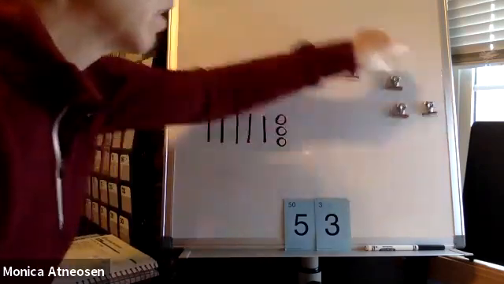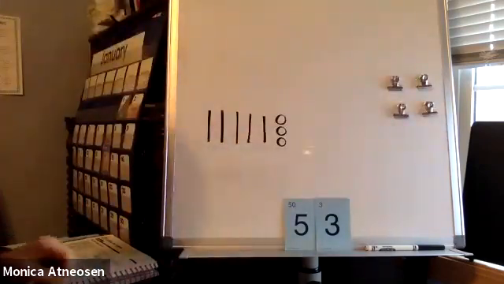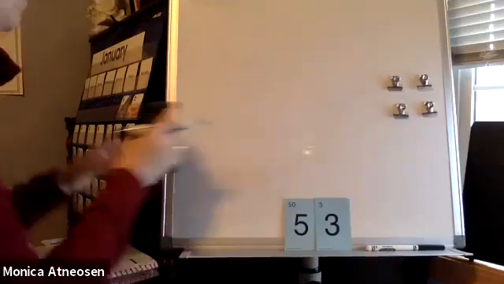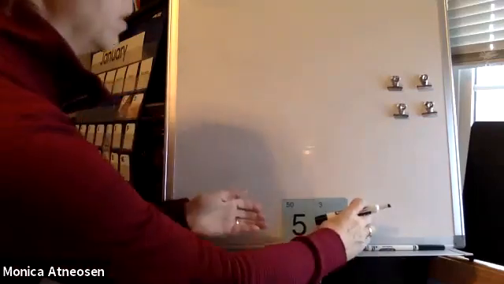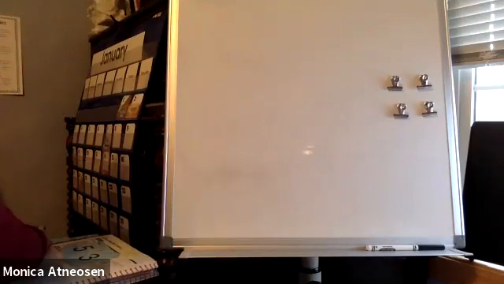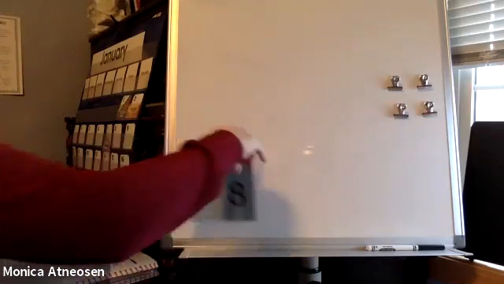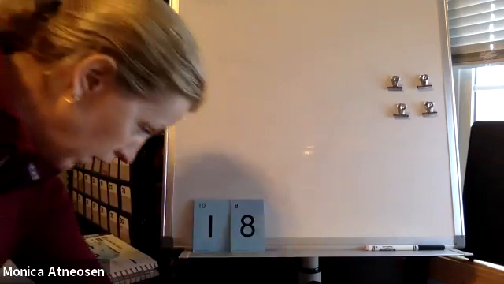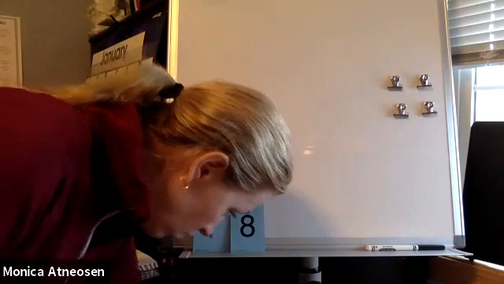Now we're going to look at this with some numbers that can be more confusing. Okay, so you'll have your whiteboard ready or your piece of paper ready, and I'm going to show you a new number. On this side, I'm going to show you number 18.